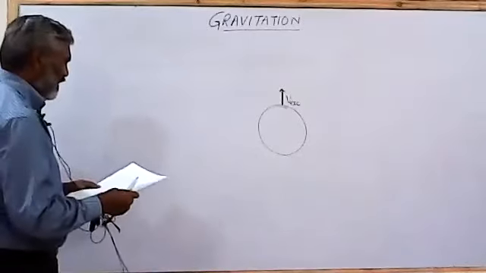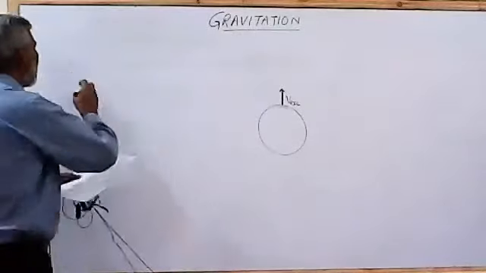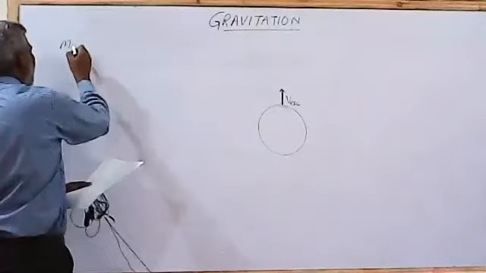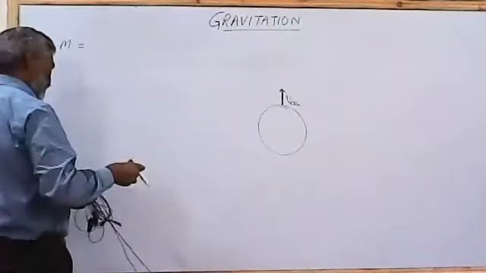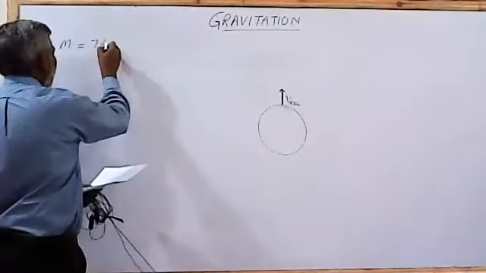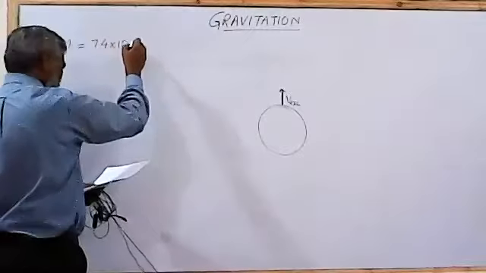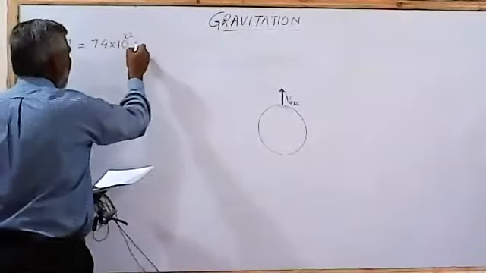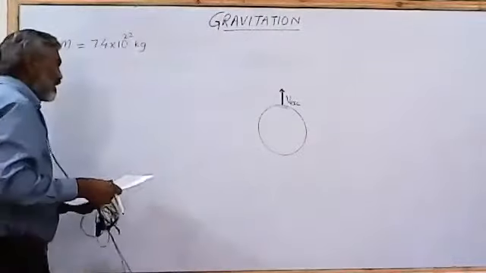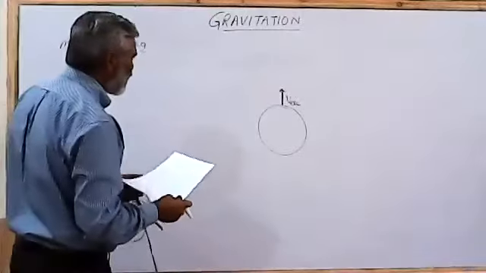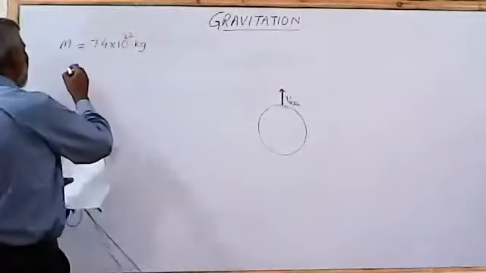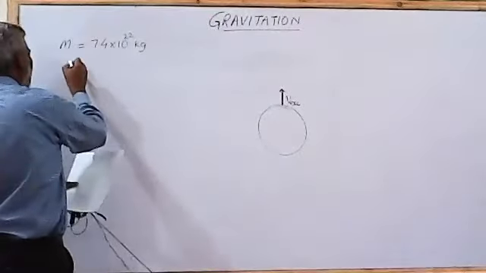One is the mass of the Moon, and mass of the Moon is given equal to 7.4 into 10 raised to power 22 kilogram. The second information provided about the Moon is its diameter.